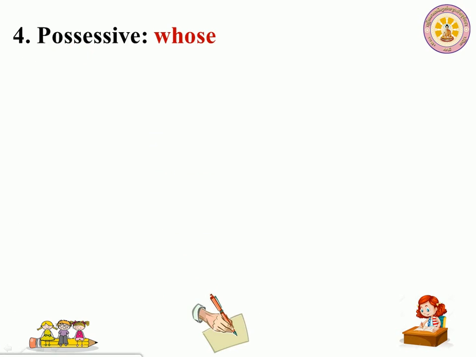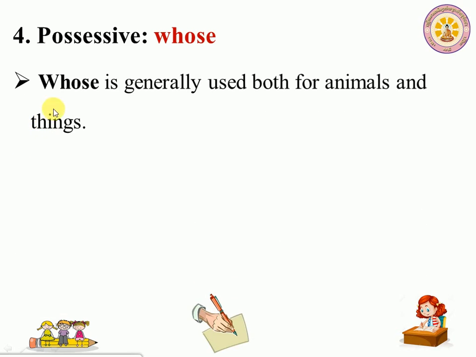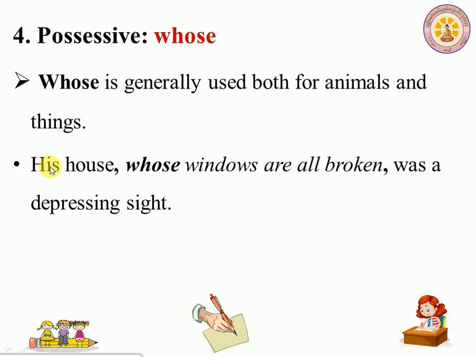Okay, now possessive. The relative pronoun used as a possessive for things is whose. Whose is generally used both for animals and things. Example: his house, whose windows are all broken, was a depressing sight.